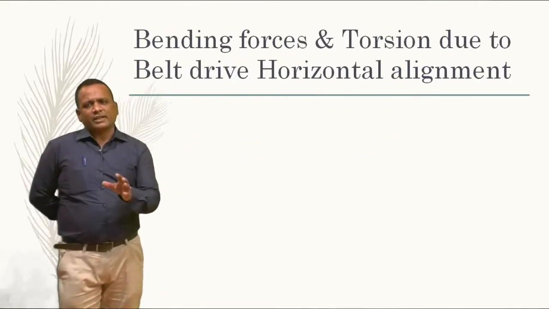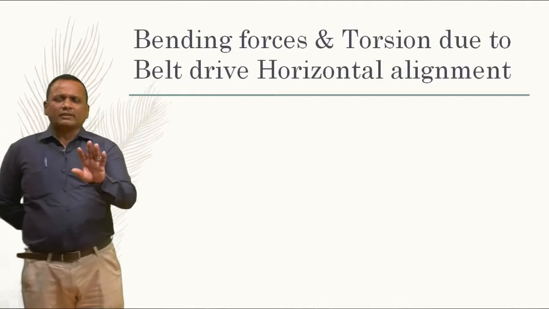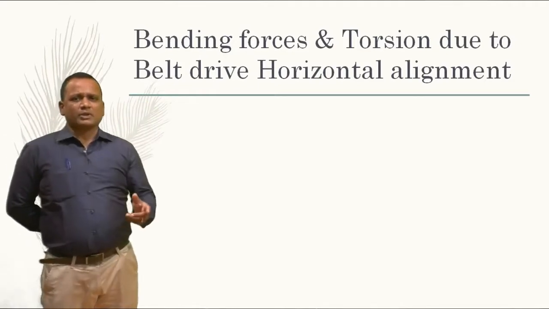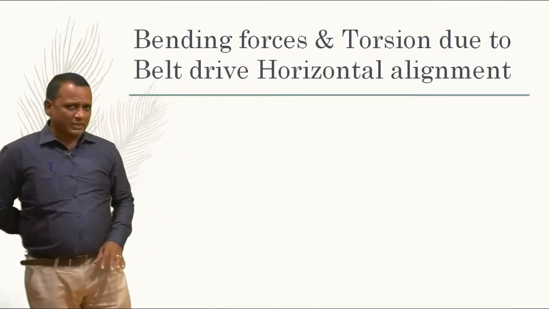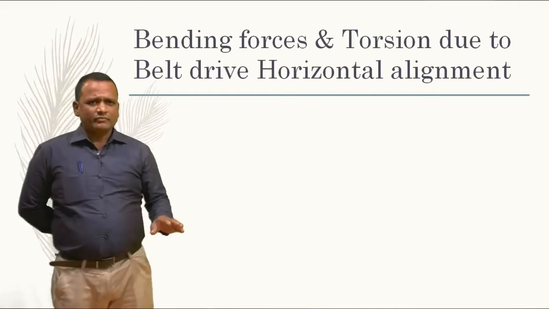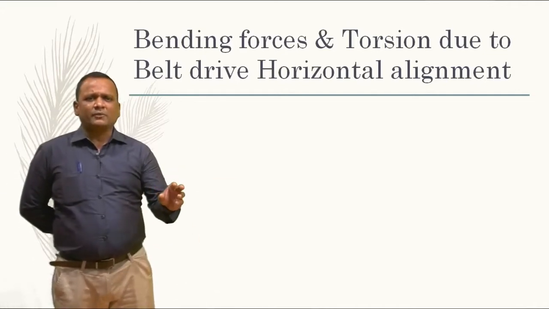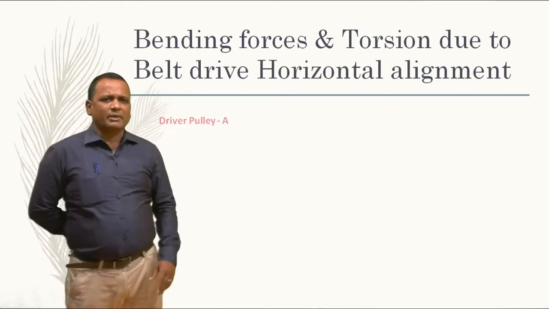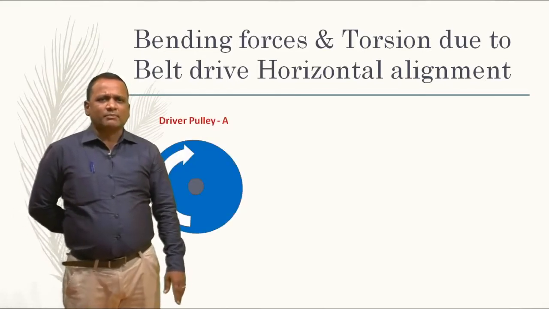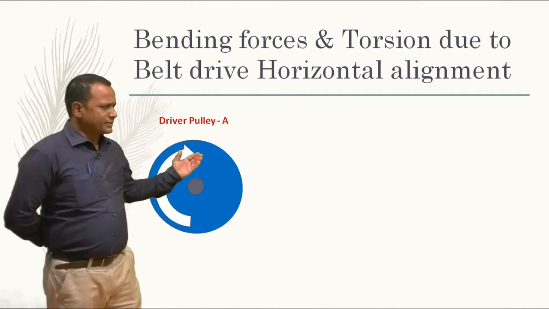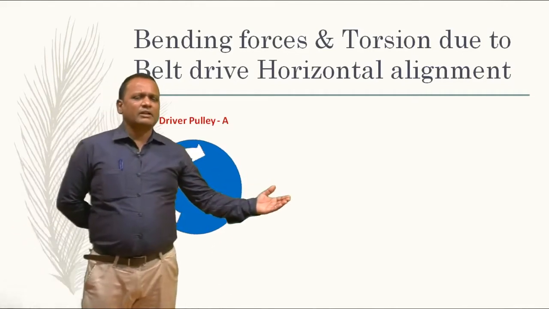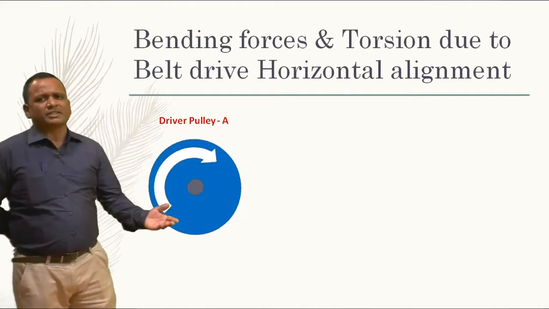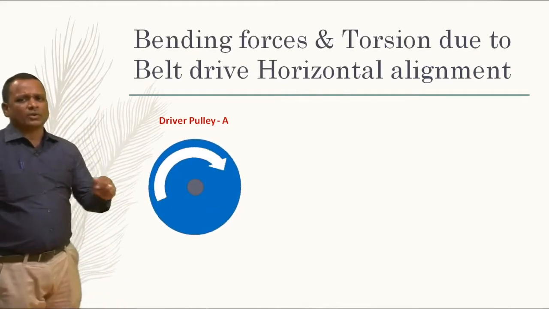Now let's try to understand what it would be if there is a pulley arrangement, if I load a pulley over a shaft. In one case, let's check the bending force and torsion due to the belt drive when the horizontal alignment has been done. I will consider one pulley as pulley A, which rotates in a clockwise direction.